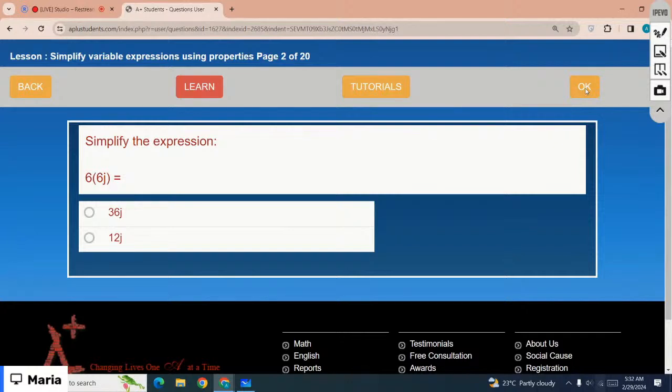Simplify the expression, which is the correct option? Yes, that is 6 times 6 is 36, so that is 36J.